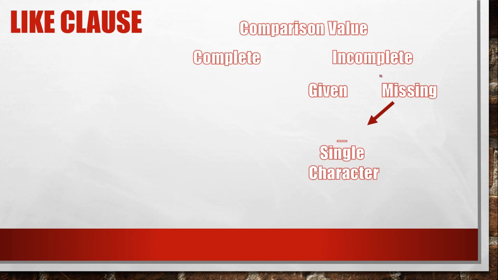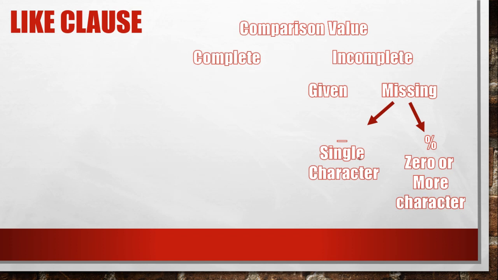If a single character is missing, then for that single character we simply put underscore. And if there are 0 or more characters, suppose 1 character, 2, 3, 4, 5, 6, then in that case I have another wildcard character, that is percentage, and percentage represents 0 or more characters.